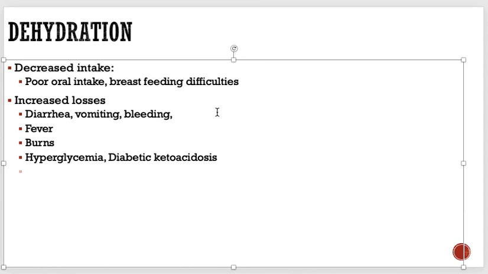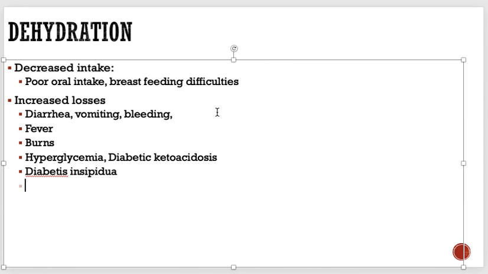Diabetes insipidus is one of the conditions in which the patient can present with dehydration. And there could be a number of other reasons, like insensible water losses from the respiratory tract.